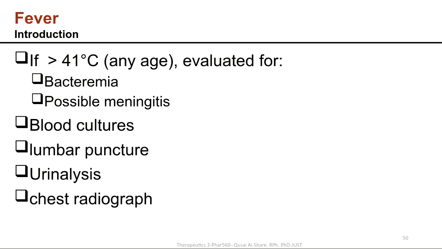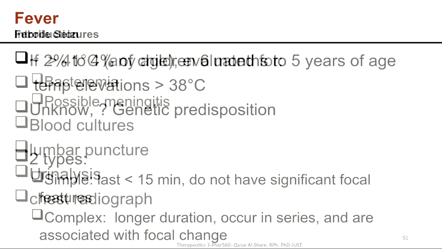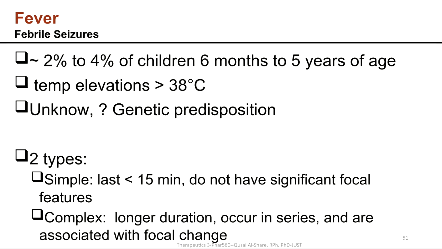So what you need to do is ask for a blood culture. For meningitis, normally we do a lumbar puncture, take cerebrospinal fluid, and do a urinalysis. Chest radiography to see if there is any effusion or chest infection in this child or patient. And this applies, by the way, to adults and children, of course.